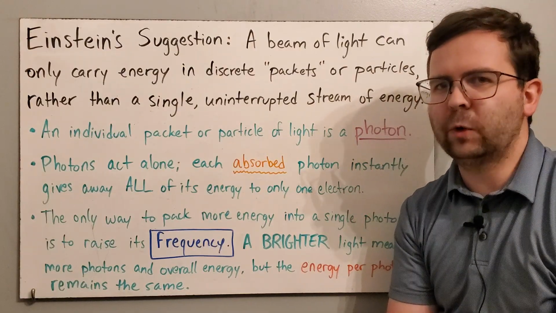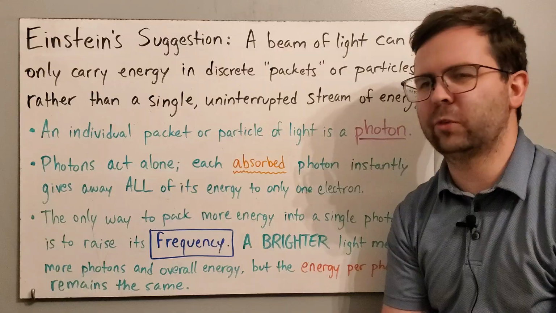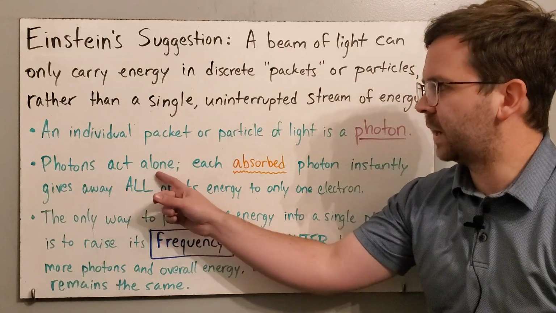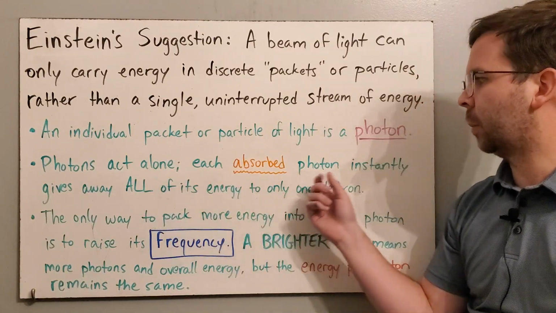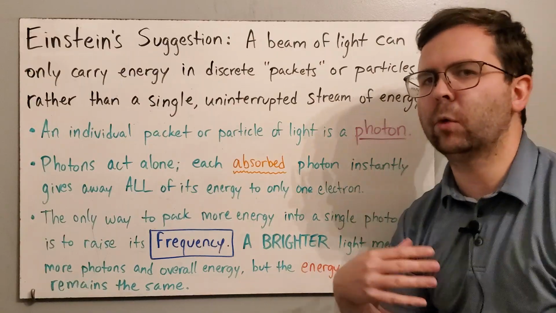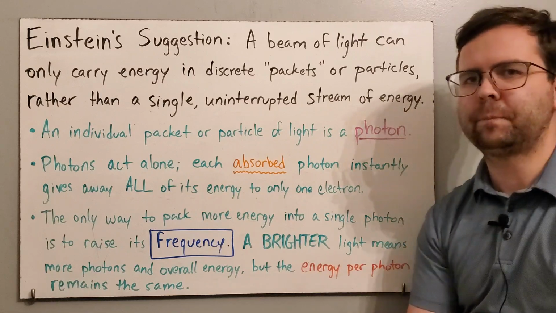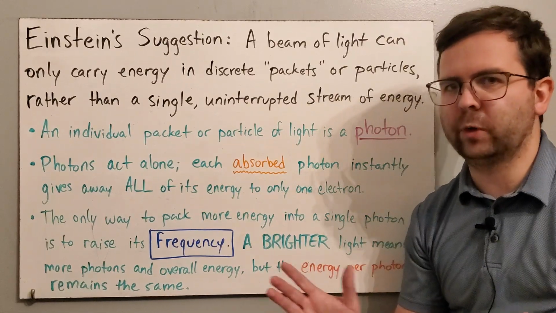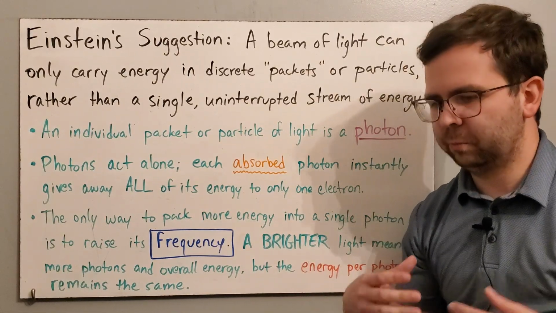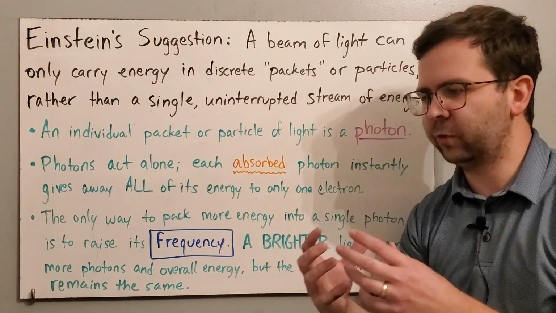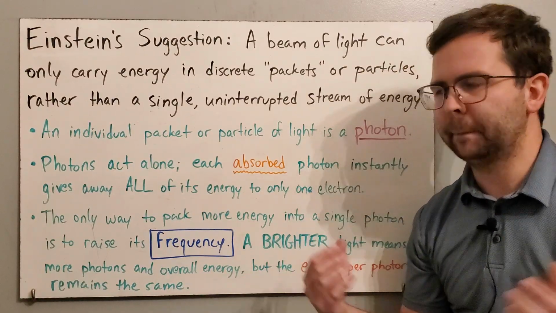And one of the characteristics of photons is that they act alone. Each absorbed photon will instantly give away all of its energy to only one electron. And then that photon ceases to exist after that. So they're just these energy delivery devices that as soon as they deliver that energy, they're gone.